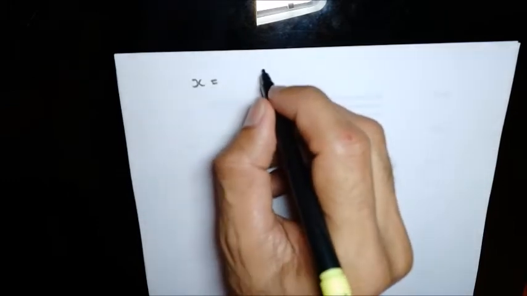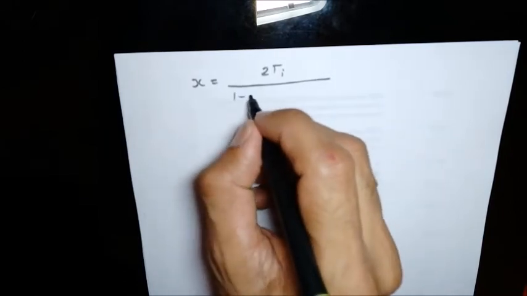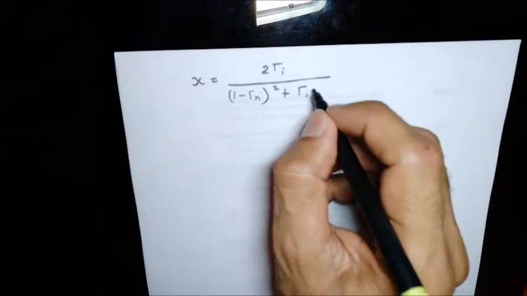Okay, now we take the imaginary part of the normalized load impedance, and that was found to be, it is there on the previous sheet, x equal to 2 gamma I divided by 1 minus gamma r the whole square plus gamma I square.